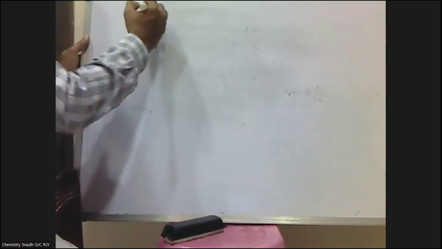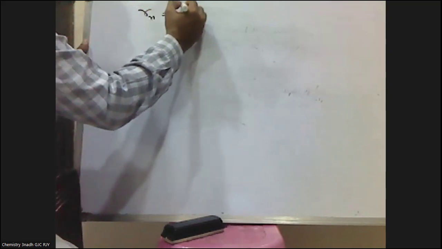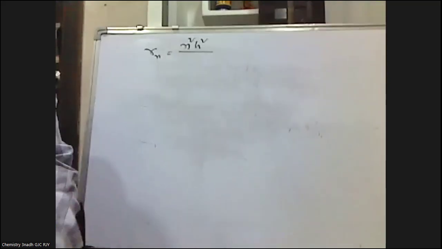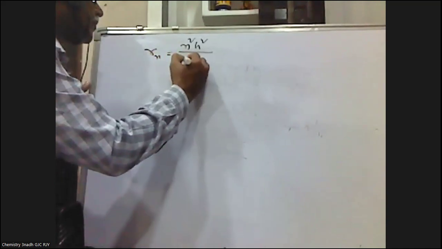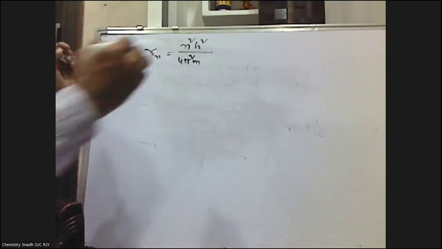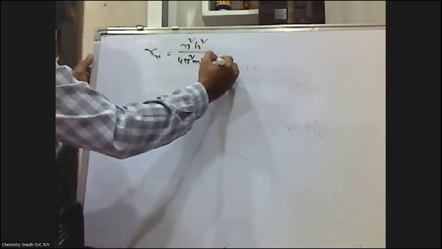So to calculate the radius of the orbit, rn is equal to n square h square by 4 pi square m k z e square.